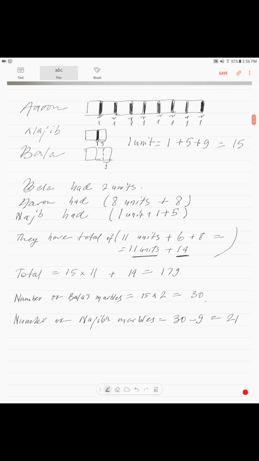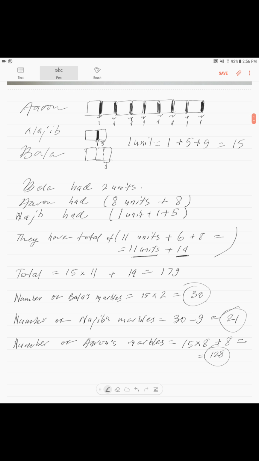Now let's calculate the last one, number of Aaron's marbles. Aaron's marbles are 15 times 8. He has 8 units. 1 unit is 15 plus 8 more, and the answer is 128.